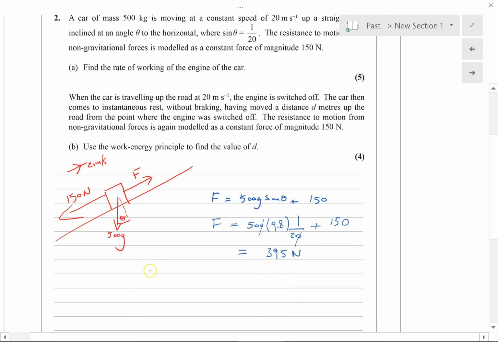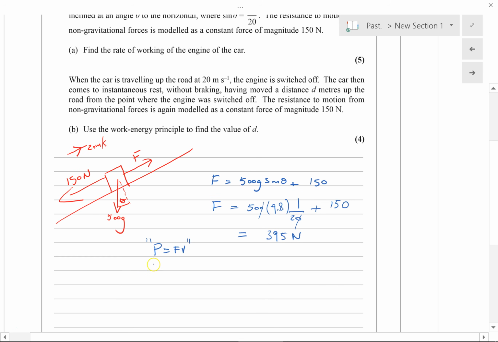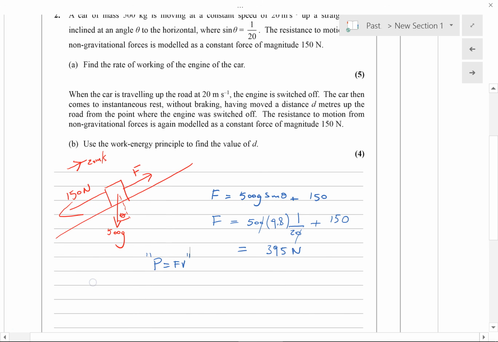We're asked for the power, so P equals Fv is our power equation, and we know the velocity is 20, so P is equal to 20 times 395, which is equal to 7,900 watts, or 7.9 kilowatts, to two significant figures.